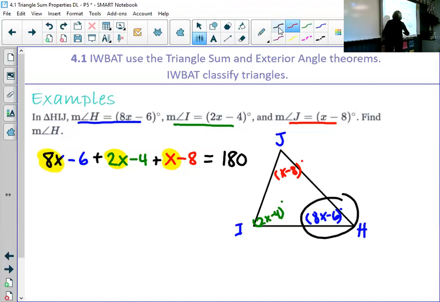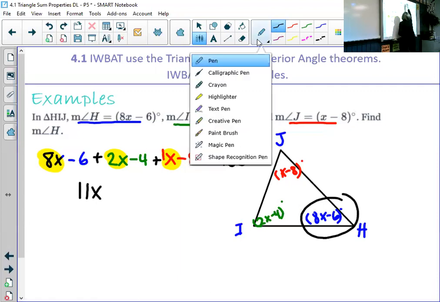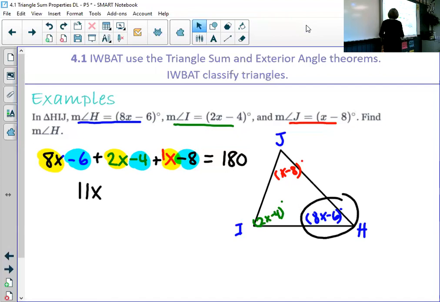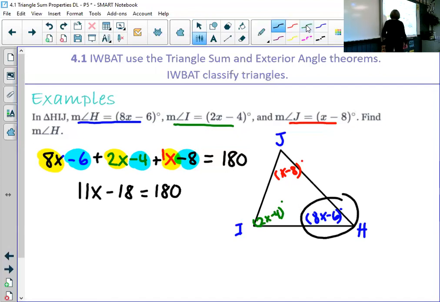I notice that this is a 1x. And then my other like terms are right there. So if you're at home, try not to peek at the screen until you're all done.